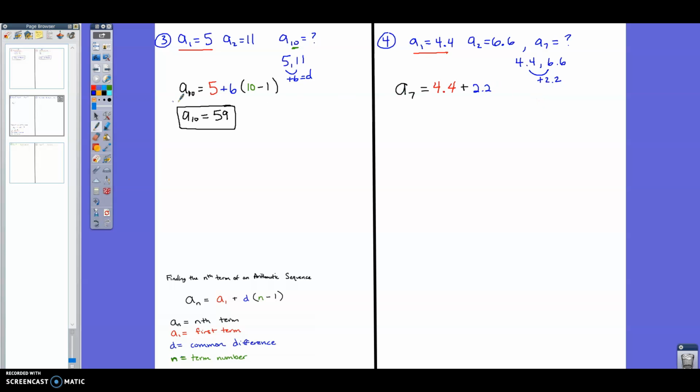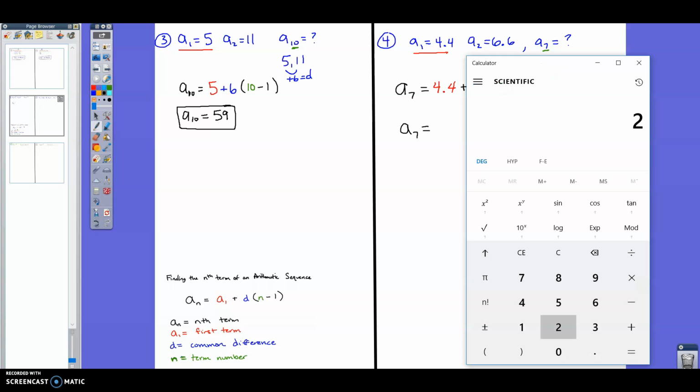So it's going to be D times N minus 1. Now in this case, N is going to be 7. So all we need to do now is evaluate this expression. So 7 minus 1 is 6 times 2.2 is 13.2. And then we're going to add that 4.4, which is 17.6.